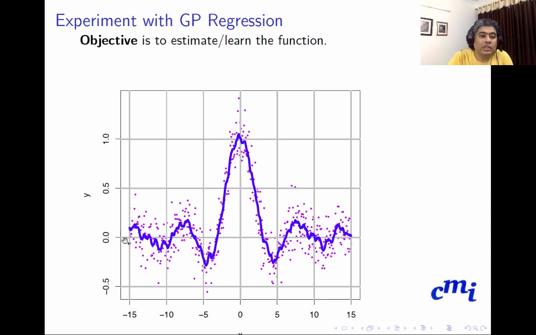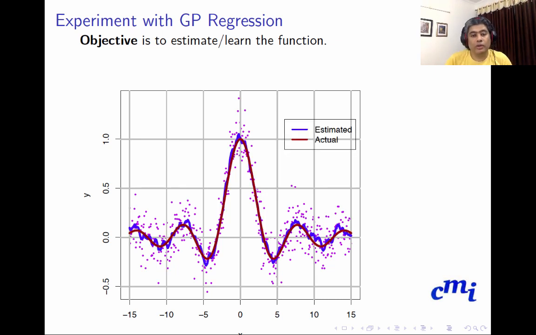It looks like this has one big global maximum and two local maxima, and also some bump here, but definitely two local optima are there, one on the left and one on the right of the global maximum. The red one is the actual true function and the blue one is the estimated function. So this is with the 500 data points.